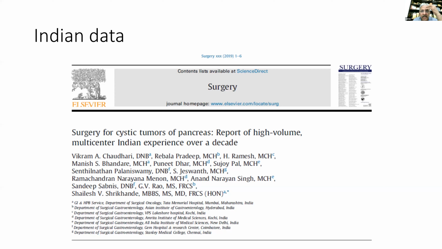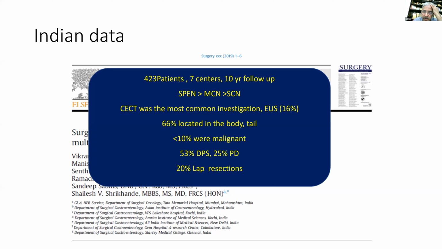They reported 423 patients from 7 centers with 10-year follow-up. The commonest cystic lesion was a solid pseudopapillary epithelial neoplasm, followed by an MCN, followed by SCN, and CECT was the most common investigation done. And EUS was done in a shockingly low 16%.